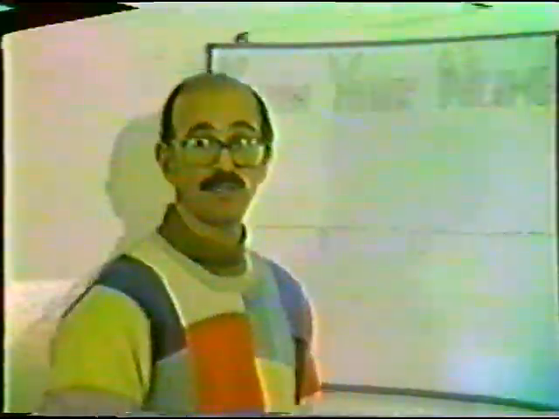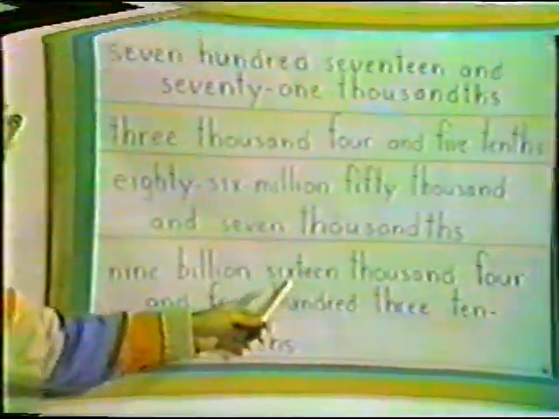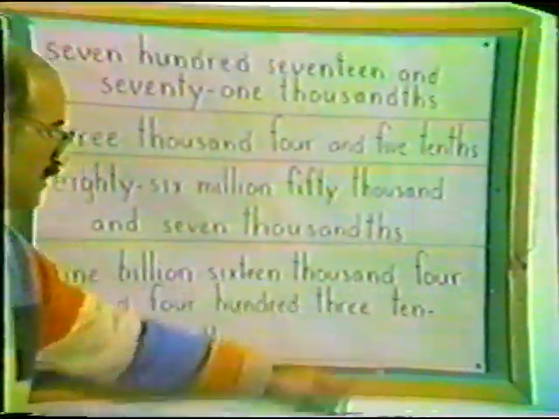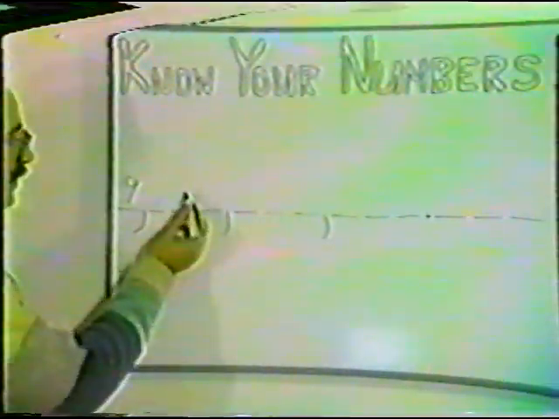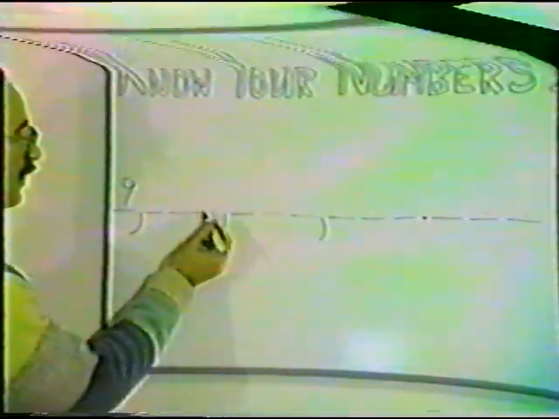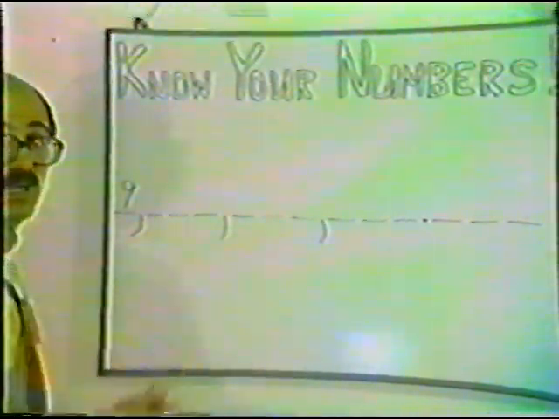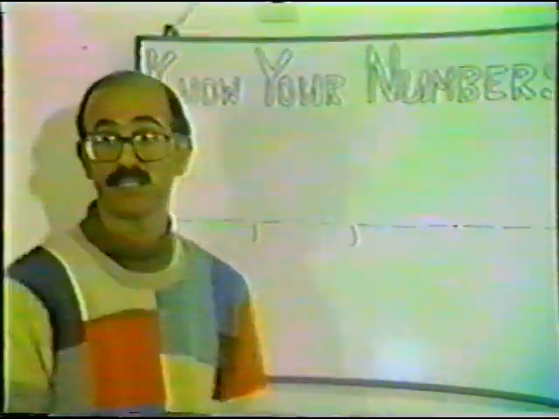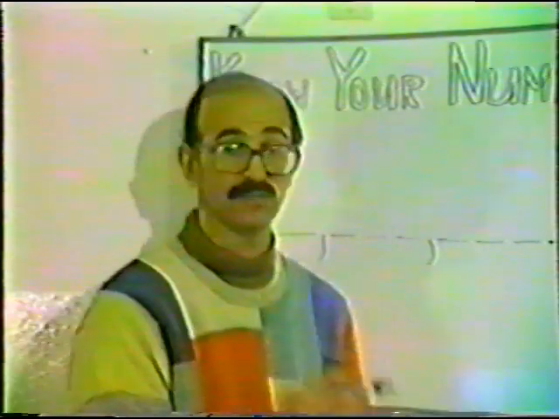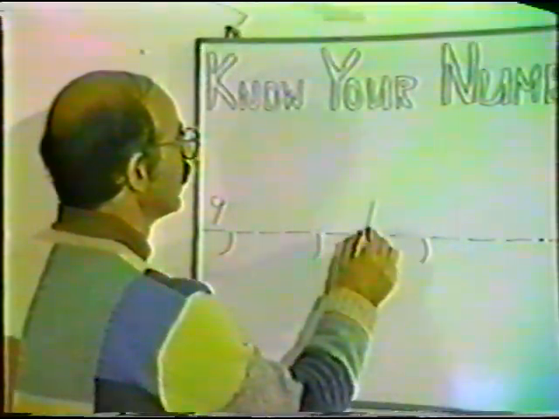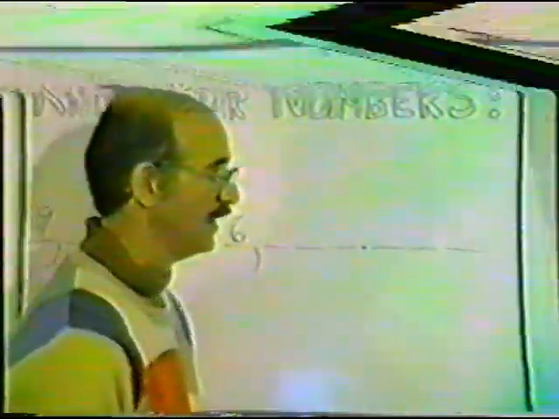Let's go back and see what it says next. 9 billion 16,000. Should I put my 16 right here? No, because this is the million comma. We have to put that 16 right in front of the comma that's for thousands. 16,000. Let's see what else it says.